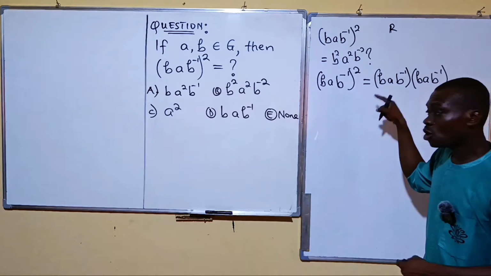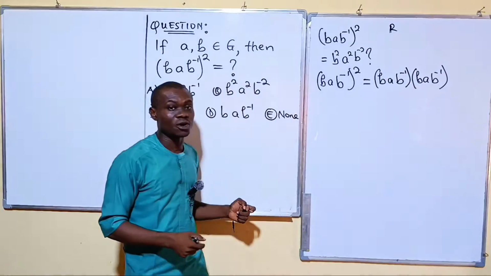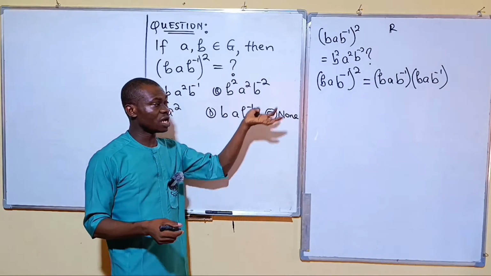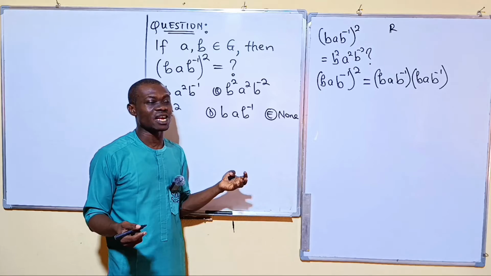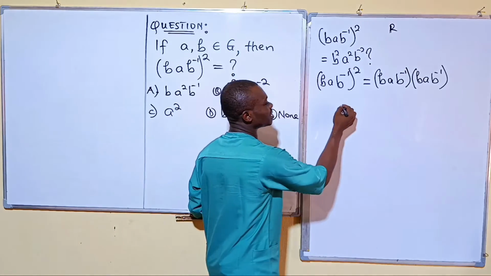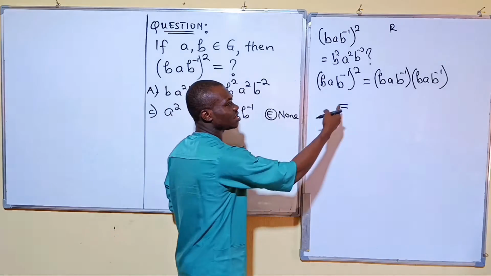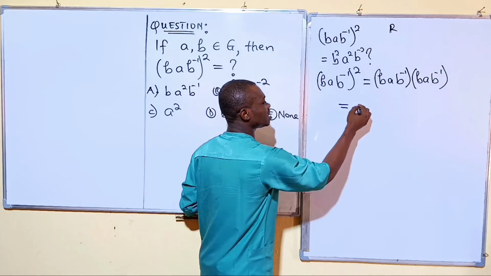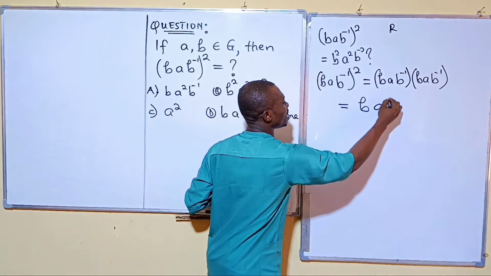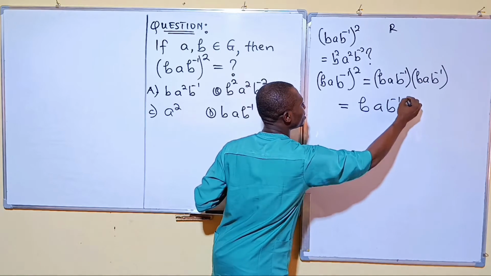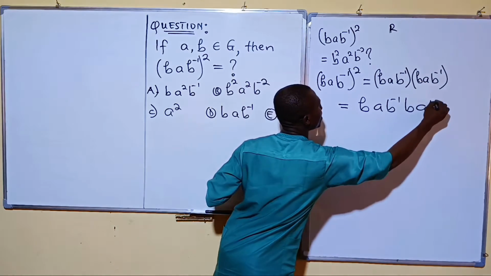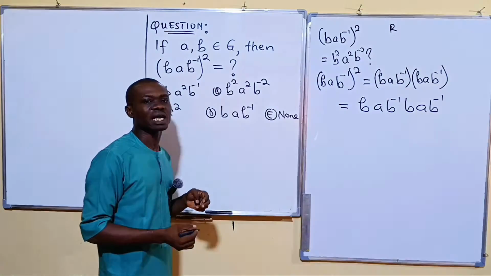This time around, we are keeping the binary operation silent, so we are using multiplication as the binary operation. Now from here, if you open this up, you are going to have B inverse, then B inverse. So we have removed the brackets.